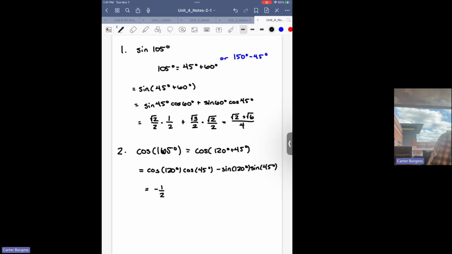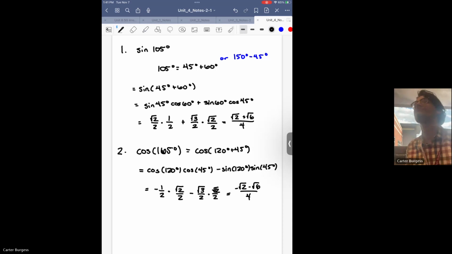Negative 1/2. Negative because what quadrant are we in? Quadrant 2. Very good. Cosine of 45, root 2 over 2. What is sine of 120? Positive root 3 over 2, and then sine of 45, root 2 over 2. Sorry, brain lagging a little bit there. And so we get negative root 2 minus root 6 over 4.